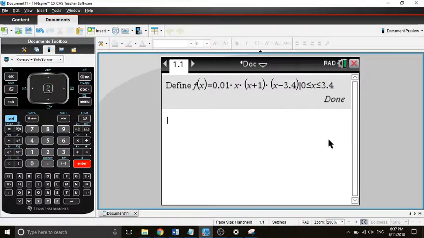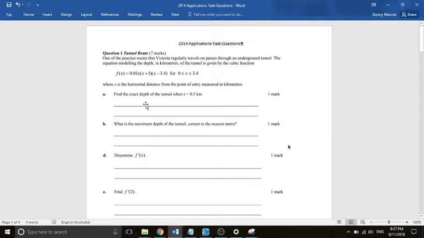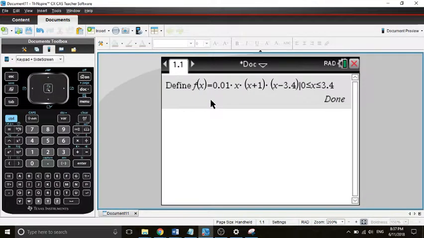Okay, so that's what we got. So we've defined our function there. We want to find the exact depth when the tunnel is 0.5 kilometers. So there's f of 0.5, and we have that there.